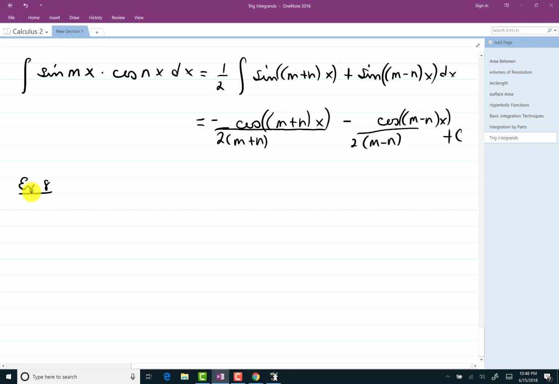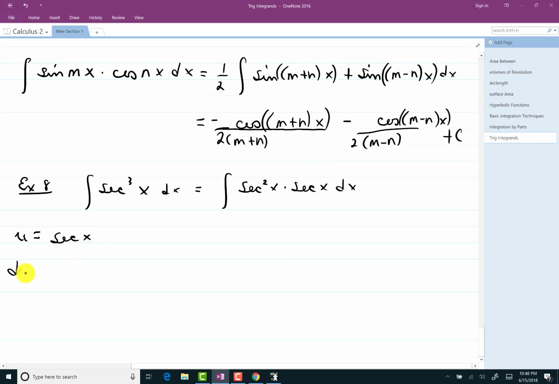For the next example, I have always found this particular integral to be quite annoying because it always seems like I forget what the trick is. But there's not a lot of trick to it. I can do secant squared x times secant of x dx. The idea is I'm going to use integration by parts. So I'm going to let u equal secant of x.